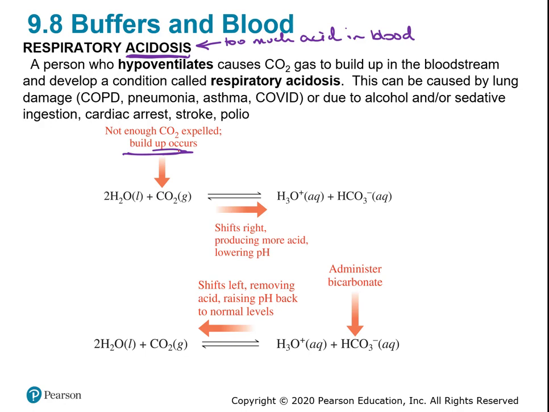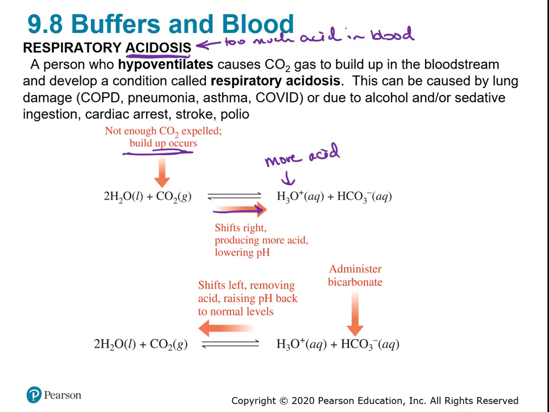When carbon dioxide builds in the blood, this is an equilibrium reaction, right? So if I add carbon dioxide, which way is my reaction going to shift? It's going to shift away from what I've added. So that causes the reaction to shift, and that creates more acid.